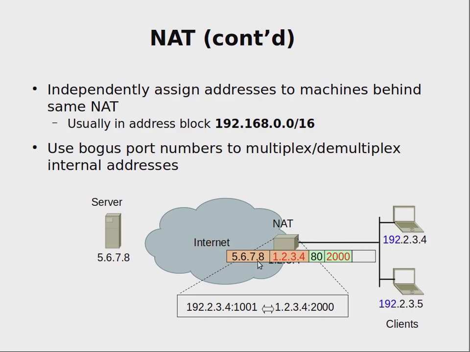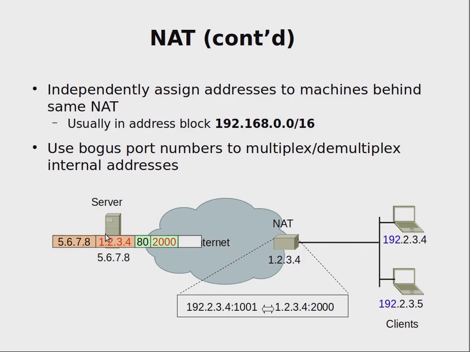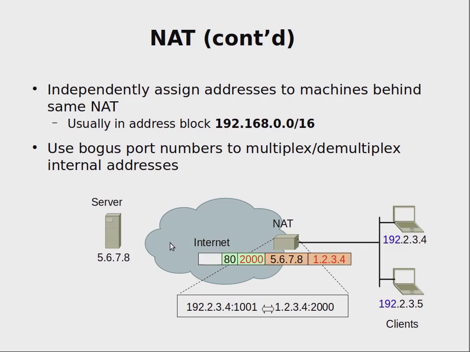So what this server receives is a completely valid Internet Protocol packet, with a public address here, a port number here to receive, and a port number here to send back. It sends the response from its IP address to that IP address, from its port to that port, and then network address translation converts it back to this internal IP address and this internal port.